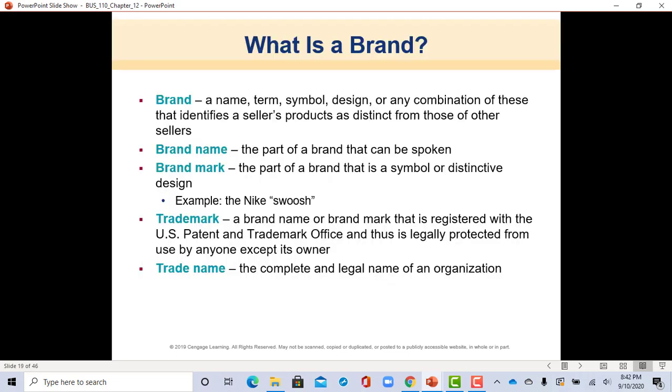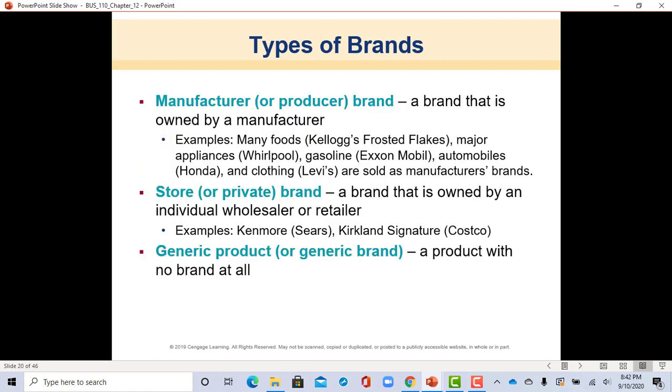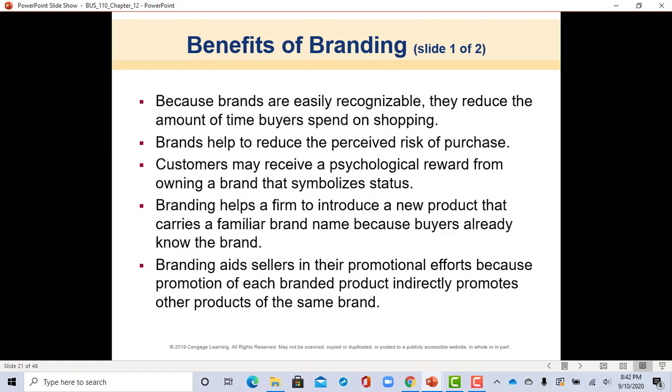Because the brand, package, and label are integral elements of the product, they deserve careful attention during product planning. Brands are often classified according to who owns them, manufacturers or stores. Choosing particular brands can be a way of expressing oneself and identifying with certain lifestyle characteristics and values.